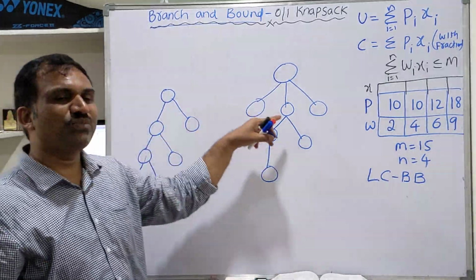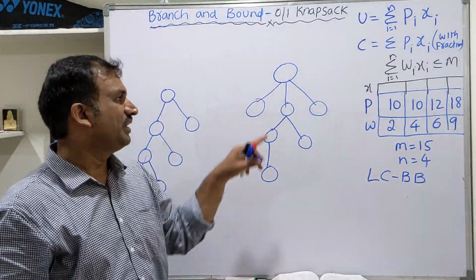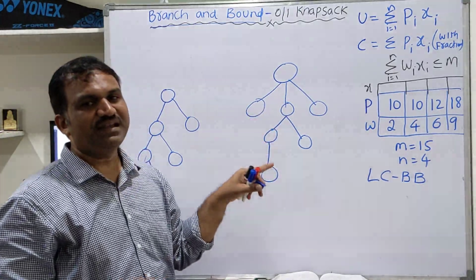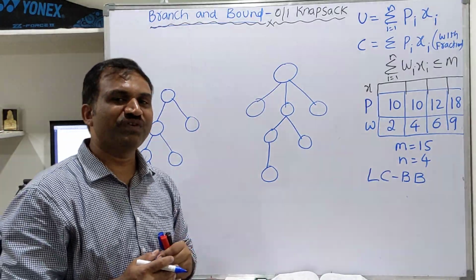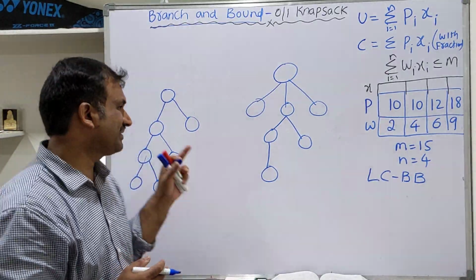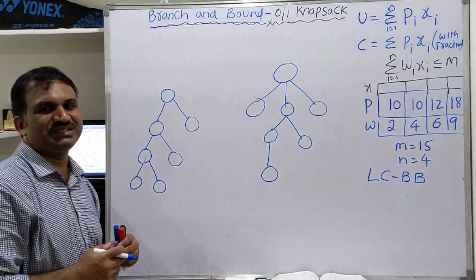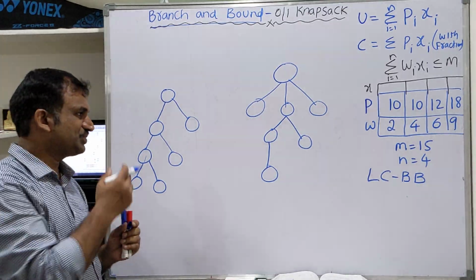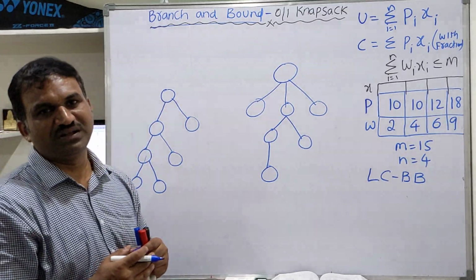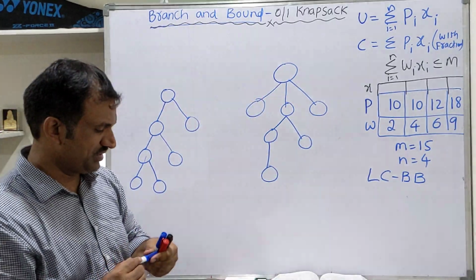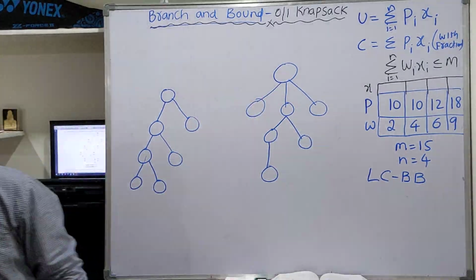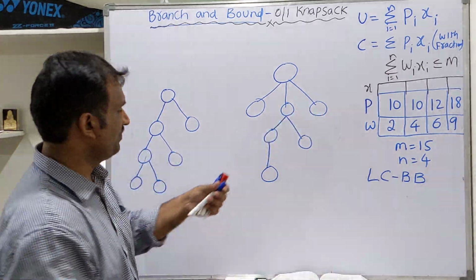So branch and bound uses both DFS and BFS. Branch and bound is used for optimization problems, whereas backtracking is not; it is used for enumeration problems. So let us solve the knapsack problem using branch and bound. Let me take a simple example problem.